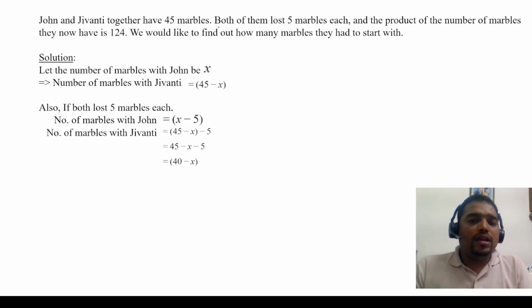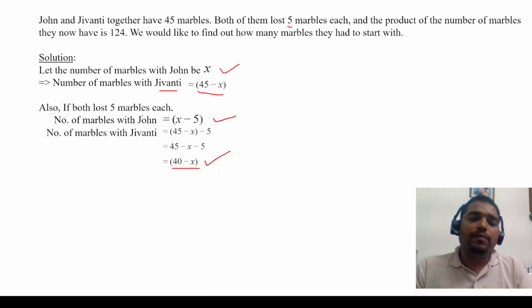Now coming to the condition of how to frame the equation, both of them are losing 5 marbles each. So if John initially had x marbles and loses 5, he would have x minus 5. Similarly, Jivanti had 45 minus x marbles. If she loses 5, then 45 minus x minus 5, upon simplification, gives 40 minus x marbles.